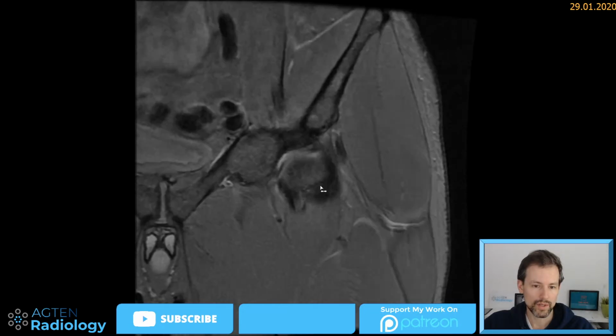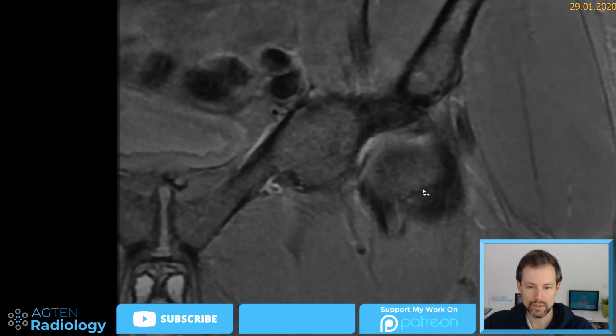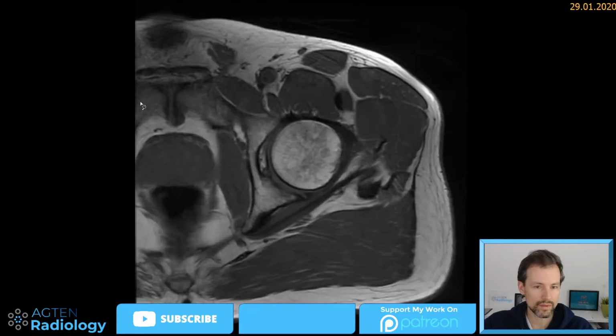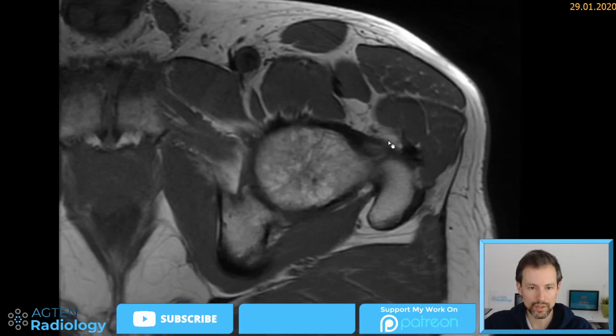Maybe there is some irregularity here, but this is just on one slice, and we obviously have problems seeing this on the other slices or other orientations. It might be just some partial volume. So let's go back to the report. Can't really see it. Webcam, no. Oh, this one.